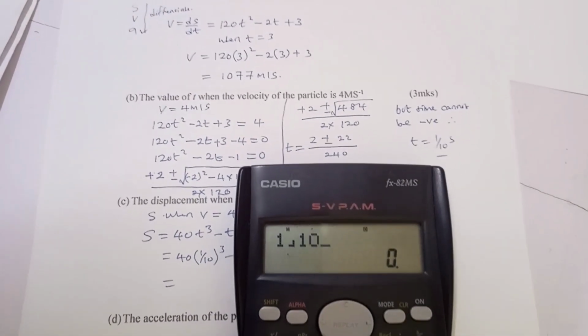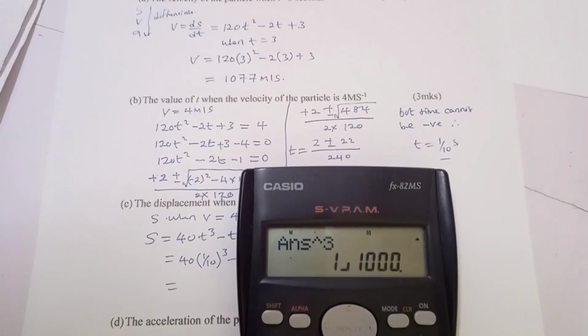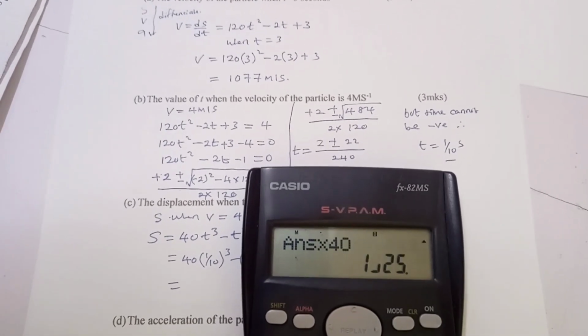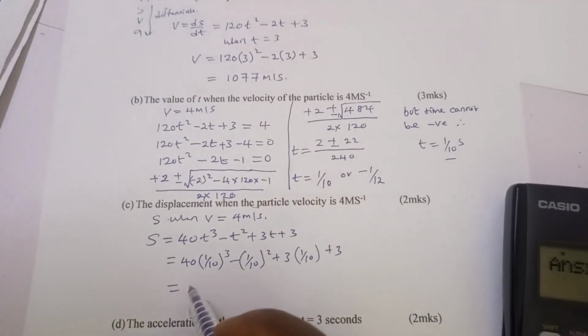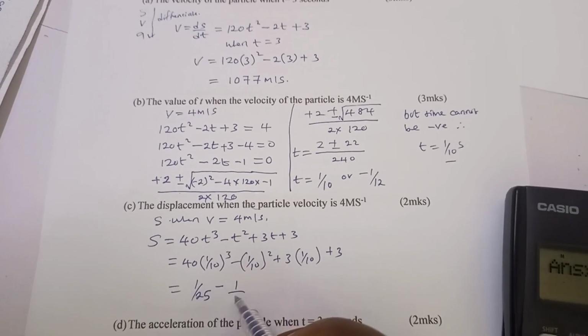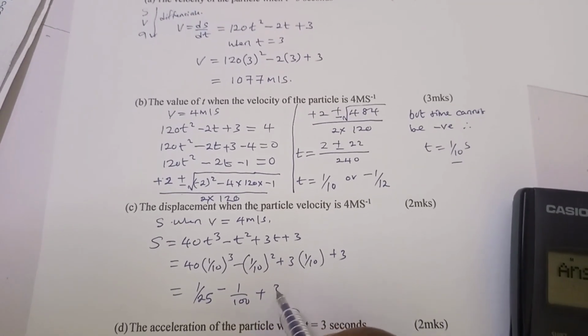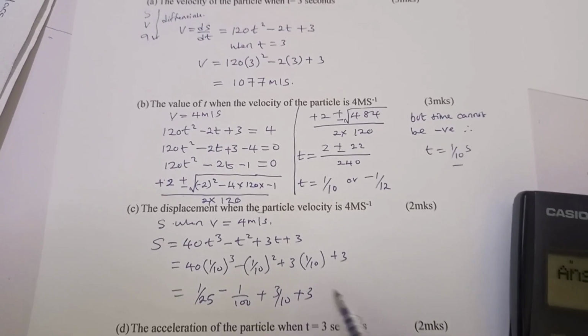So 1 over 10 cubed times 40 is 1 over 25, minus 1 over 100, plus 3 over 10, plus 3.